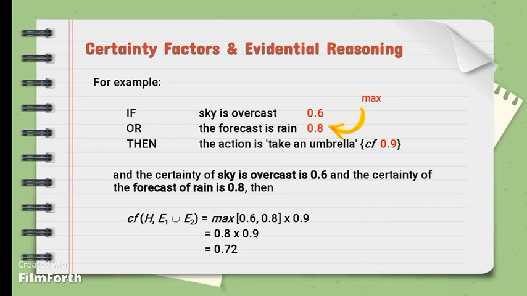Using the certainty factor equation in disjunctive rules, we will be able to find the certainty factor of this example. In this equation, we need to find the maximum value between E sub 1 and E sub 2, which is 0.8, which will be multiplied by the certainty factor of the hypothesis, which is 0.9. So the answer will be 0.72.